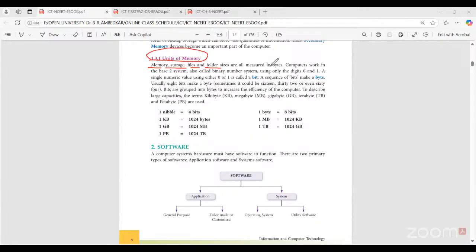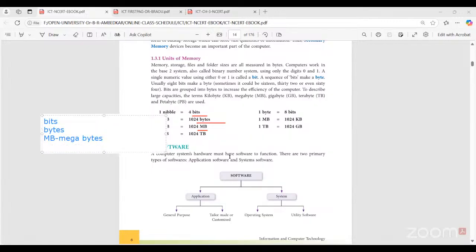That measurement is in terms of bits, in terms of bytes. We can measure in terms of MB. MB stands for megabytes. I'll write it for your clarification. You can measure in terms of bits, bytes, and MB. MB stands for megabytes.